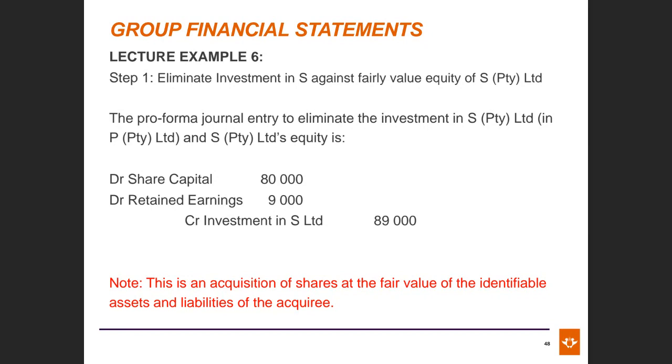So in this situation, there is no goodwill and no gain from bargain purchase. That is why in these pro forma journal entries, you won't see goodwill or gain from bargain purchase. So if I ask you then to prepare the consolidated statement of financial position, how are we going to do it?